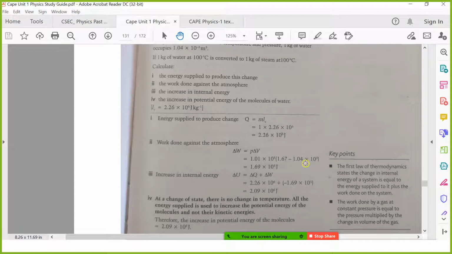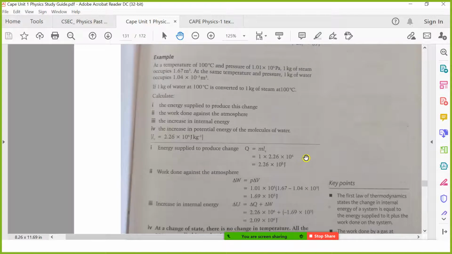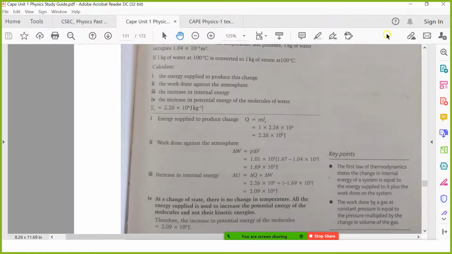If I'm doing work against the environment, it means the gas is expanding, so I would expect my volume at the end of the day to be of a greater value. But let me just see here.